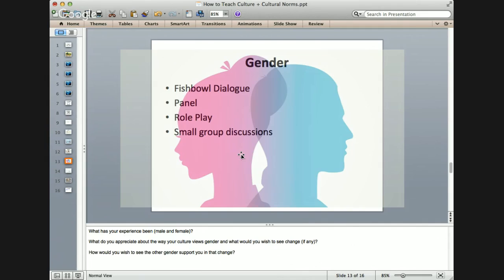This is where you take a group of maybe 4 people, you have them sit in an inner circle, and then everybody else is on the outer circle, observing it as a fishbowl. This creates an intimacy and a genuine dialogue between the 4 people who are talking.